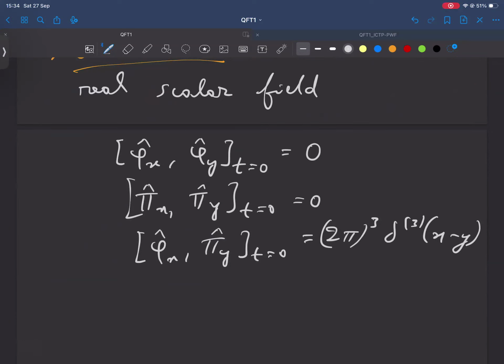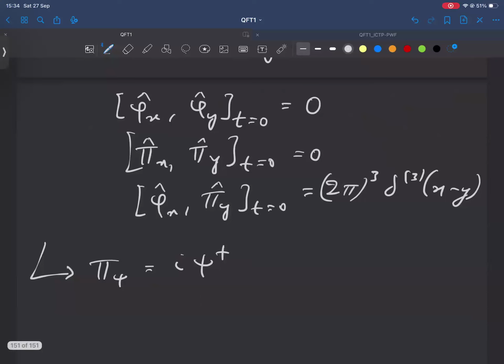And we said that imposing this was what meant quantizing the theory. So now that means that the aim should be to have similar expressions for psi alpha. Recall first that the canonical momentum was just this psi dagger. So we should have, when we quantize spinors, these kinds of relations.